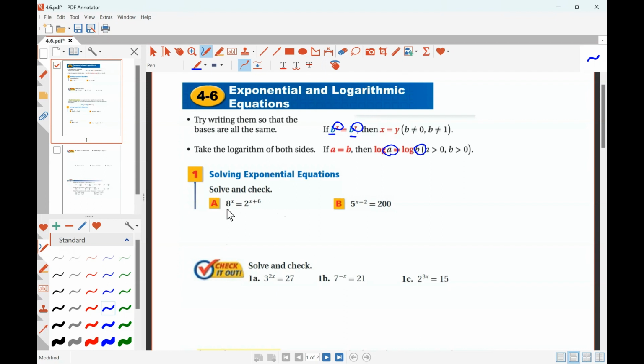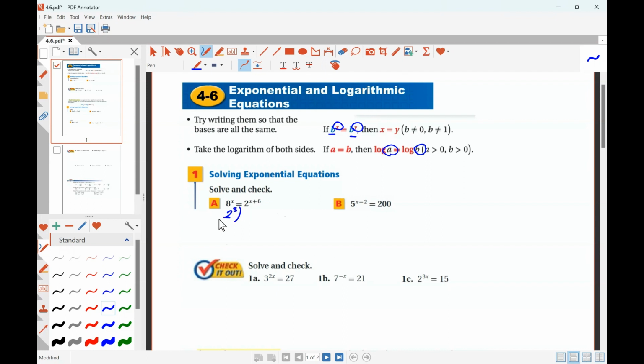The first question, we have exponents on both sides of the equation. So the first thing we need to do is try to get the same base. So express each side with the same base. Can I write 8 in terms of 2? Yes, I can. 8 is equivalent to 2 cubed. So just write 2 cubed for 8.